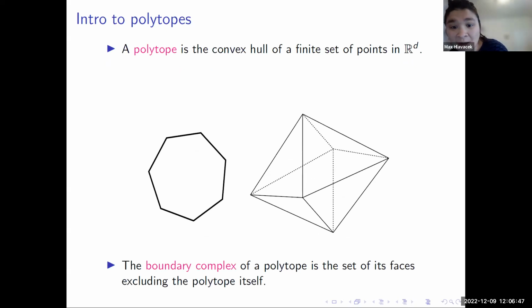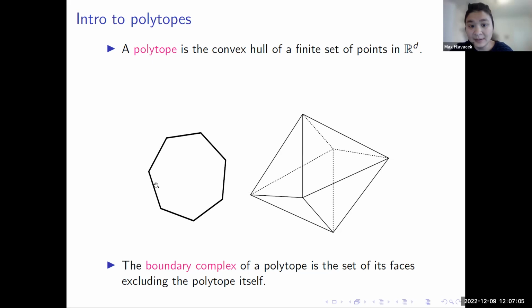Then what we often do is we think about the whole set of faces of a polytope as a complex. So the boundary complex of a polytope is the set of faces, not including the polytope itself, because we usually consider the whole thing as a face of itself.